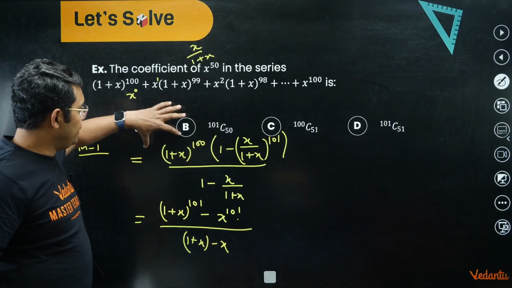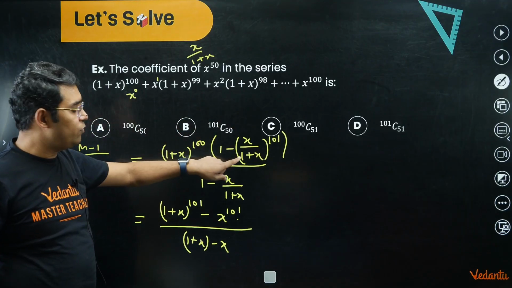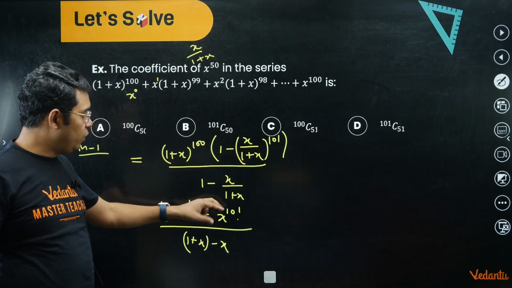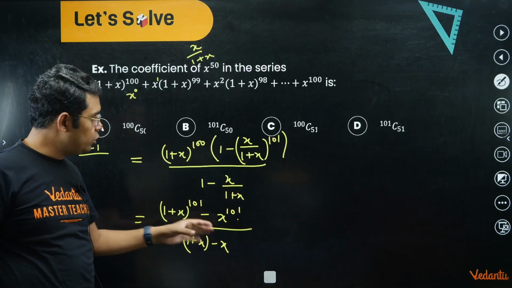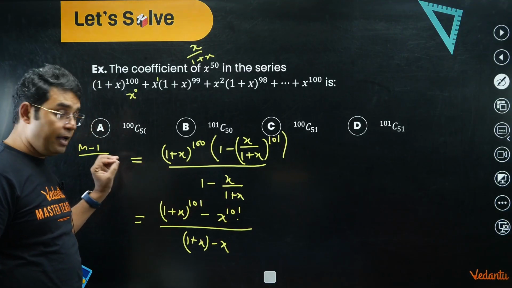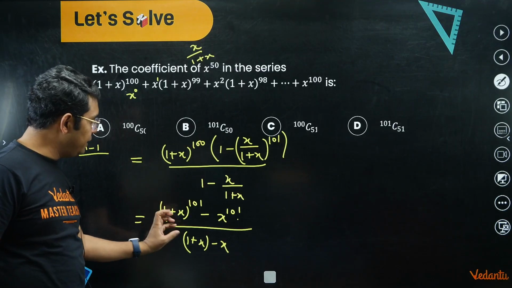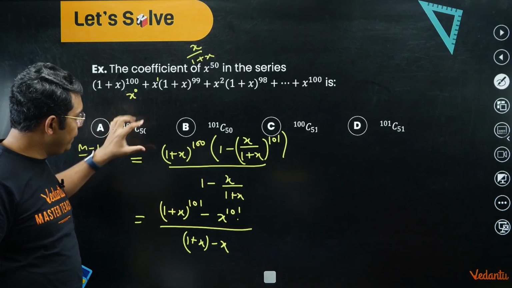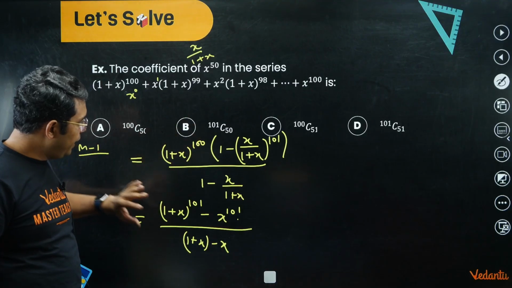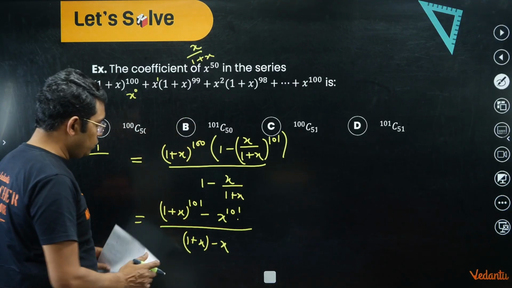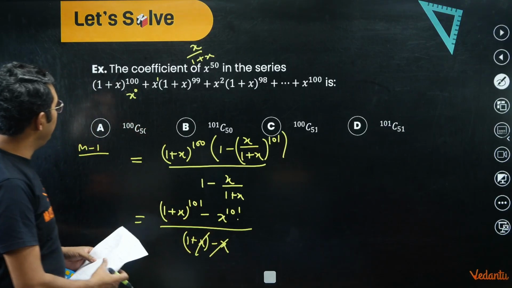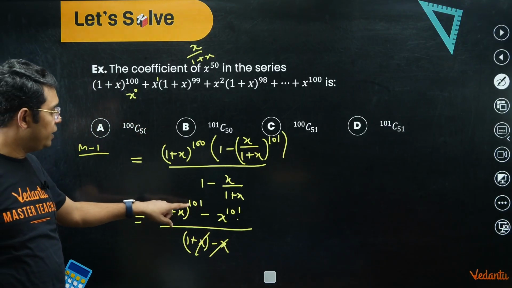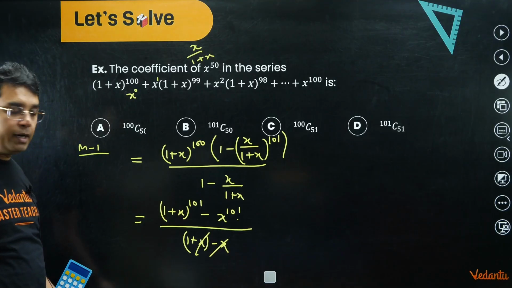Actually this (1 plus x) power 100 if multiplied will give you (1 plus x) term here, but because the (1 plus x) term is there in the denominator also, so I will be multiplying by additionally (1 plus x) here and (1 plus x) here. So ultimately you will get this in the numerator and this in the denominator. So this is cancelled. So what we are getting is (1 plus x) power 101 minus x power 101.